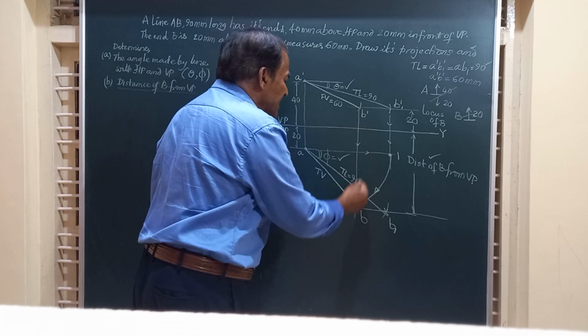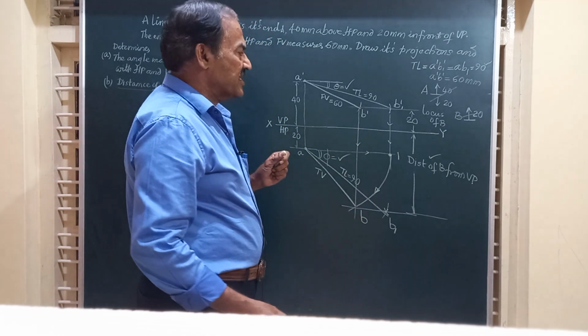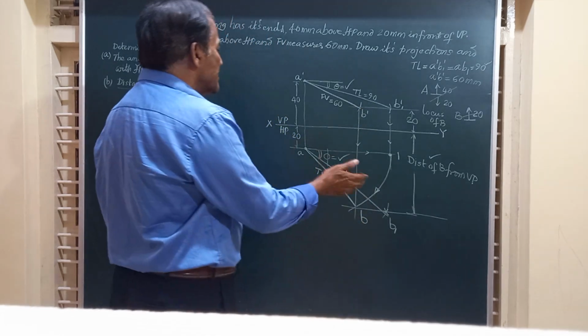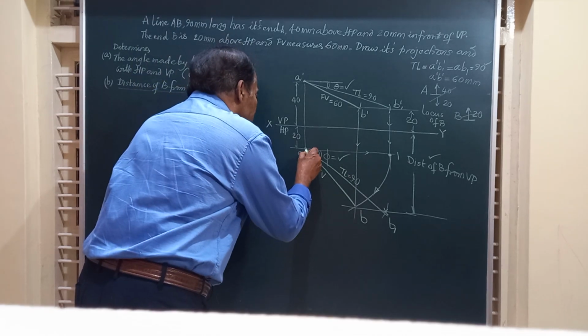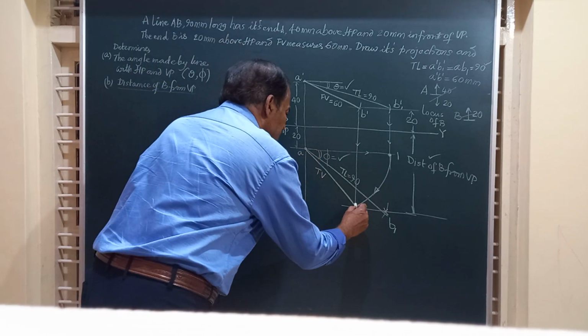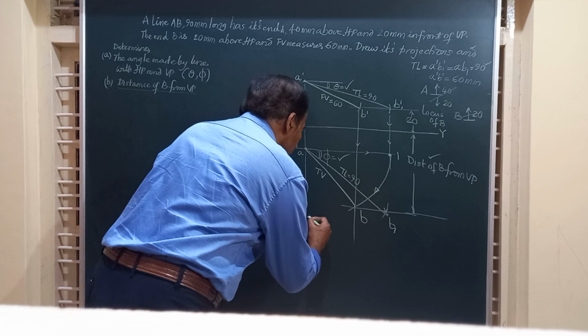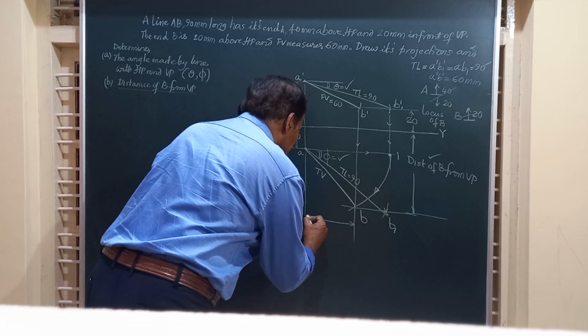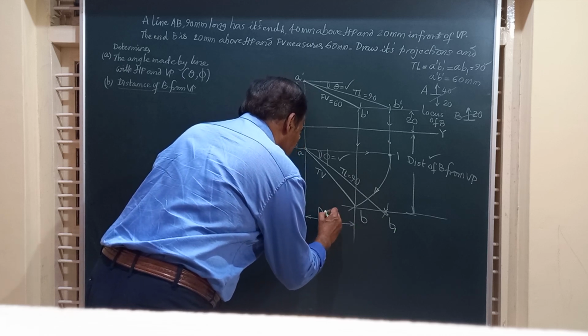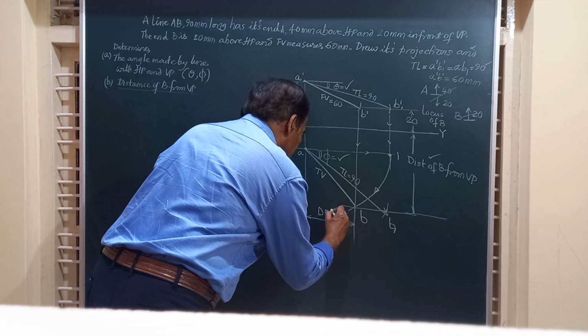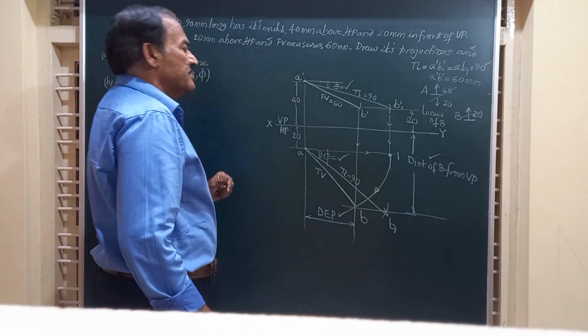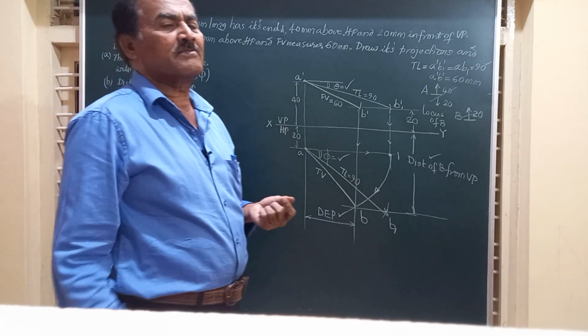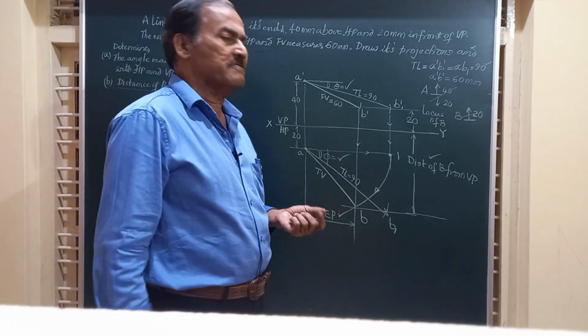Similarly, we have got B dash B, another end projector, and if the distance between these two can be measured by projecting this line downwards, you can measure the distance between A dash A and B dash B, which is called DEP, distance between the end projectors. That is how we can mark or find out the value.